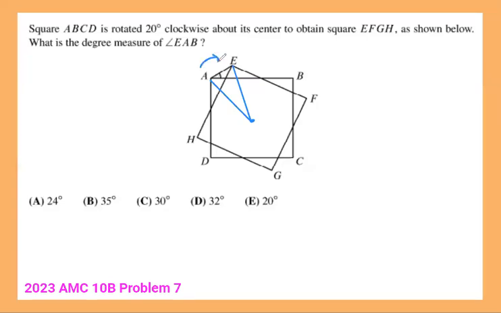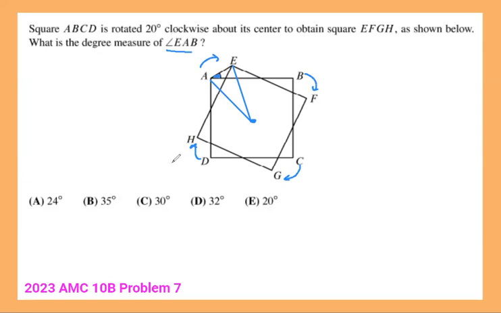You're rotating this way using this point as your center, clockwise, so point B will be F, point C will be G, and so on. What we want to find is angle EAB, which is right here. That is the angle we are looking for.